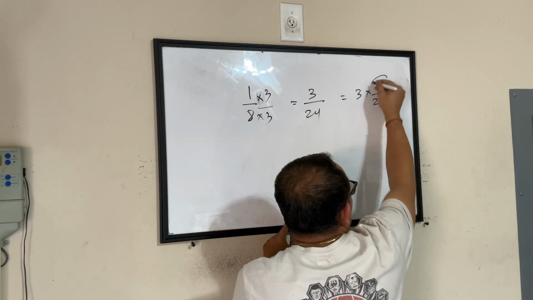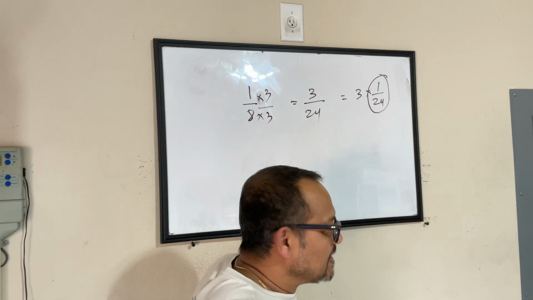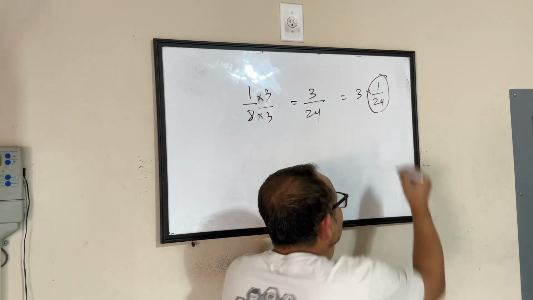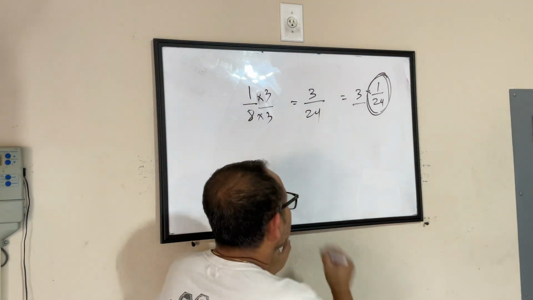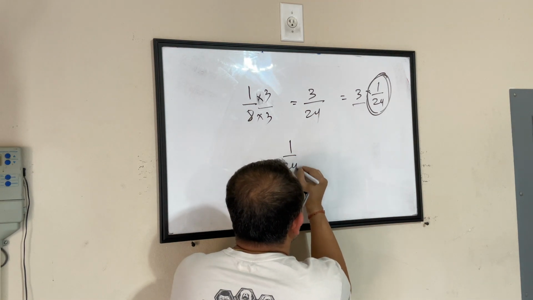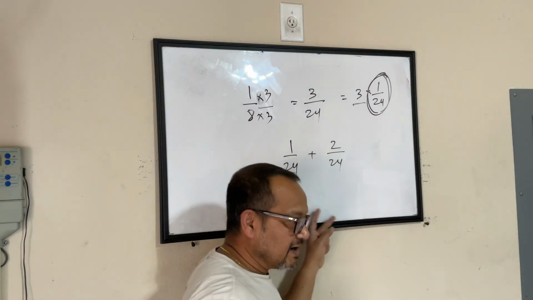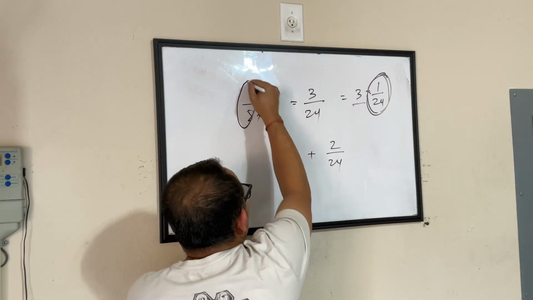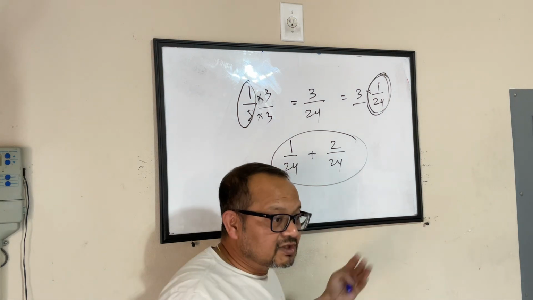And I will call this guy 1 Hollywood star. So I have 3 Hollywood stars. If this is 1 Hollywood star, this is 3 Hollywood stars. I can say 1 Hollywood star plus 2 more Hollywood stars. Done. So this 1 by 8, I could break into these two. And I can do it in 1,000 ways.